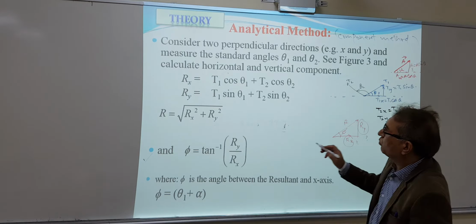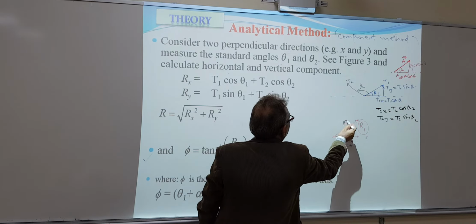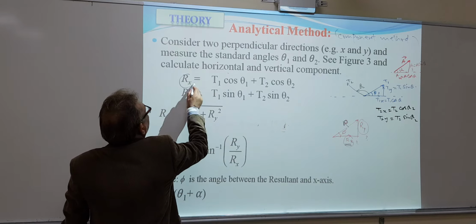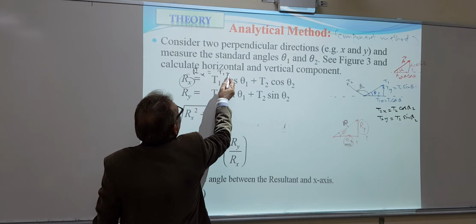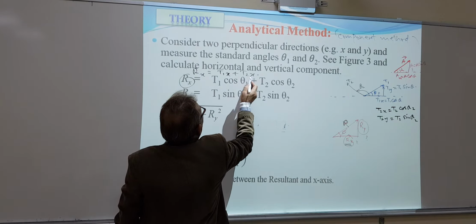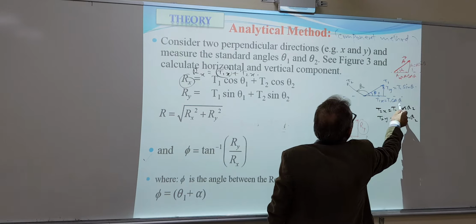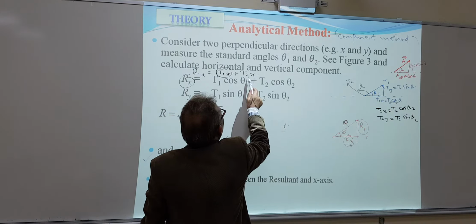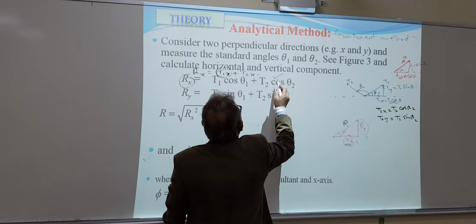So to find the x component of the resultant, you add T1x plus T2x. What is T1x? This value, T1 cosine theta 1. And T2x is T2 cosine theta 2.